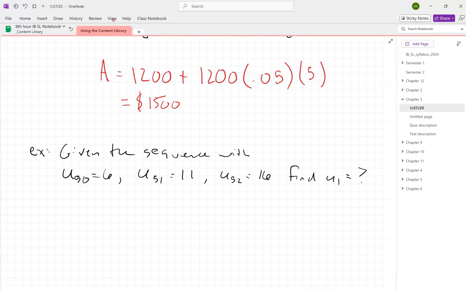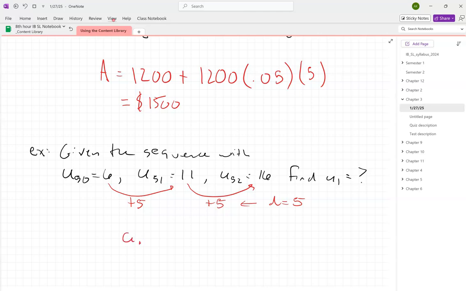So again, we should start by noticing that this is arithmetic because the difference between the consecutive terms is constant.